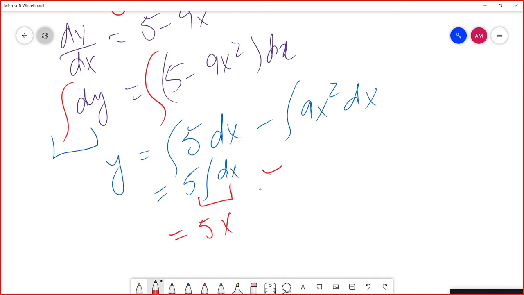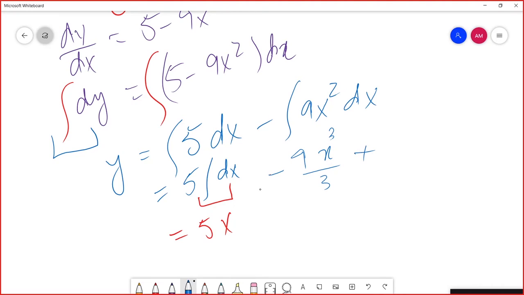And then here, for 9x square, you can just take 9 out, and then x cubed, x cube divided by 3.